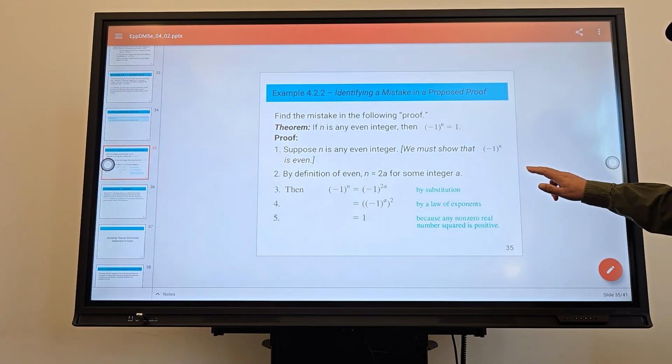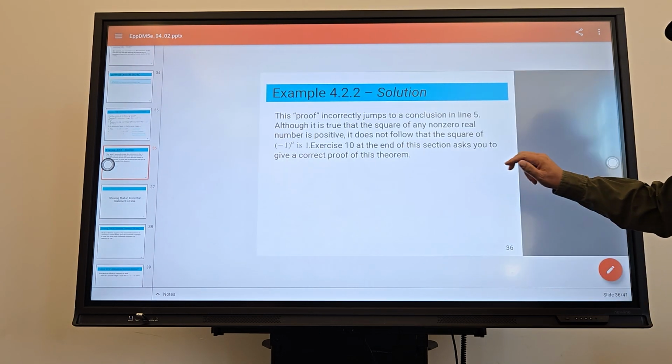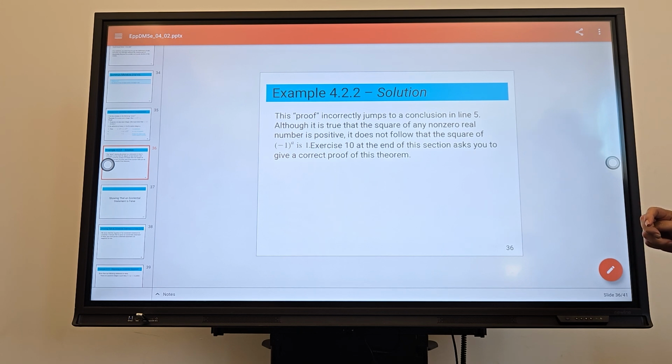What's the problem with this? It jumps to a conclusion. Although it is true that the square of any non-zero real number is positive, it does not follow that the square of negative 1 to the a is 1. Exercise 10 at the end of the section asks you to give a correct proof of this theorem.